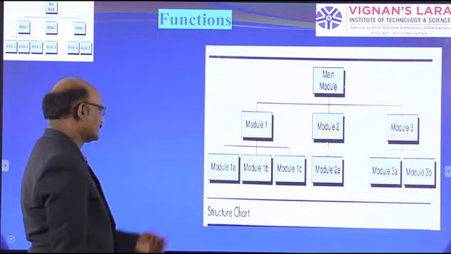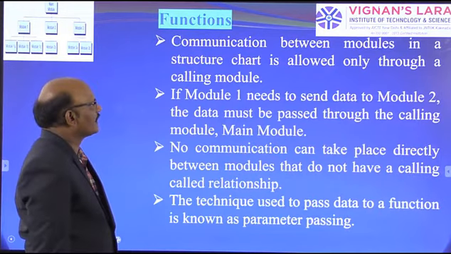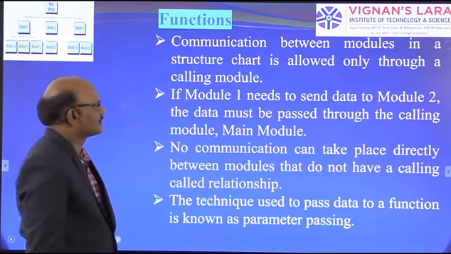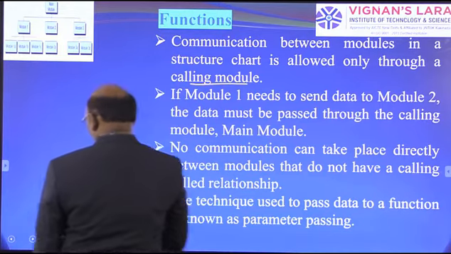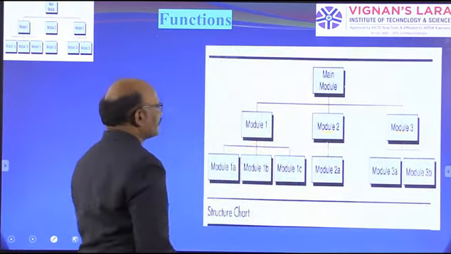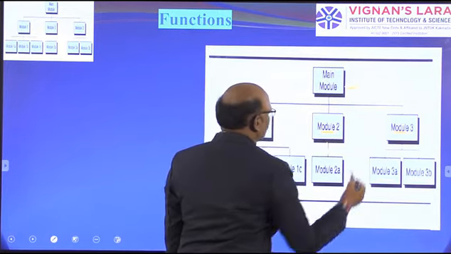Here, communication between modules in a structured chart is allowed only through a calling module. See here in this diagram, this is the calling module and these three are the called modules.